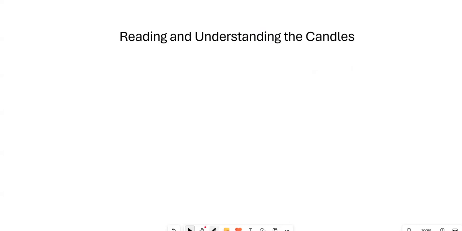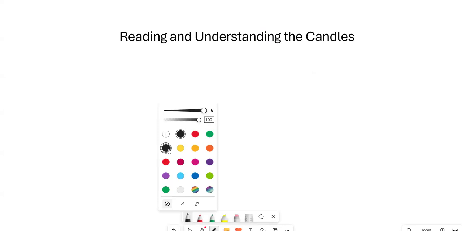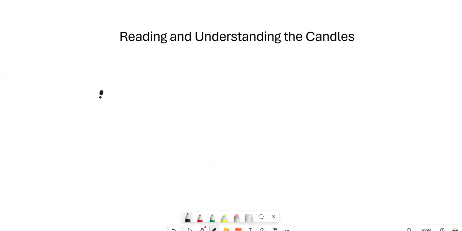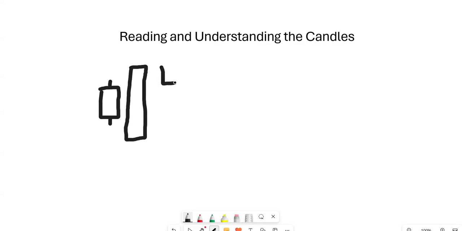All right. So your candles can be, and I'm going to draw them all in one color this time. You can have a candle look like this with short wicks at the top and the bottom. You can have long candles with no wicks. You can have a candle like this, long wick at the bottom.